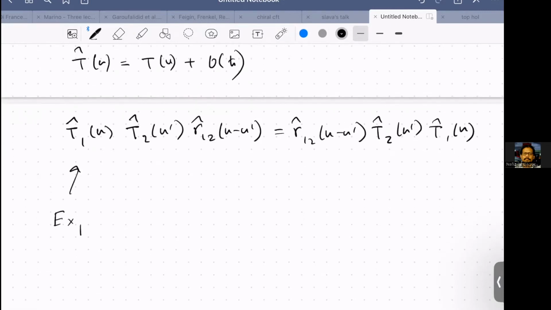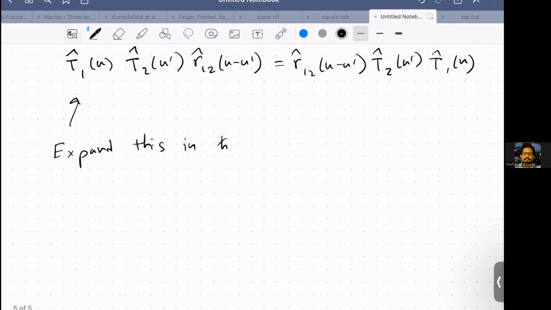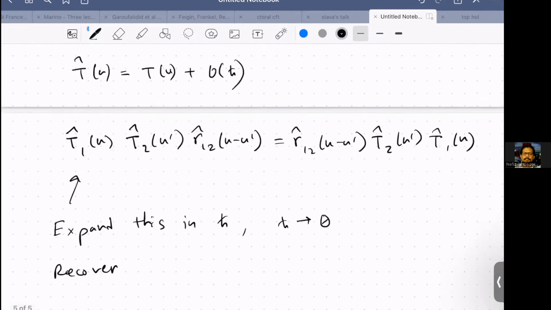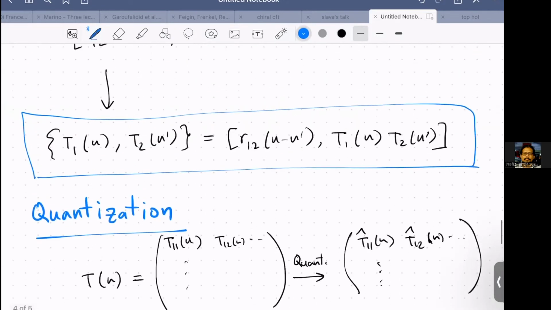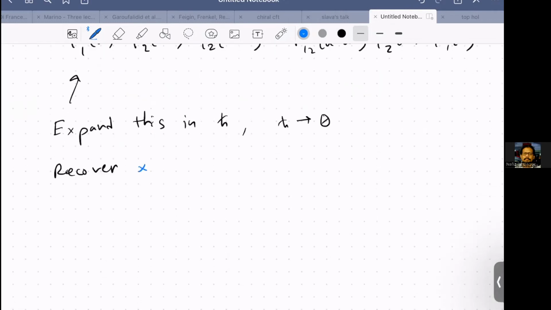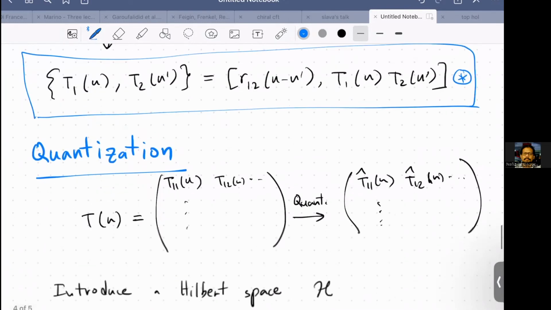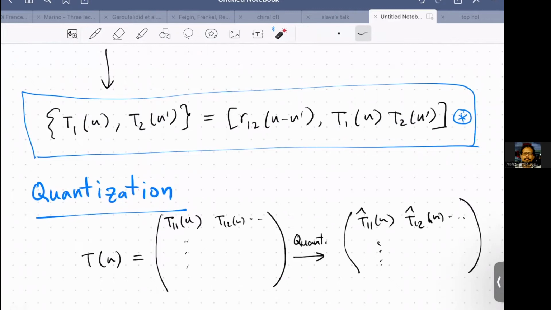Expand this in H bar, take H bar goes to 0, and you will recover this equation, the classical counterpart, as it should be.